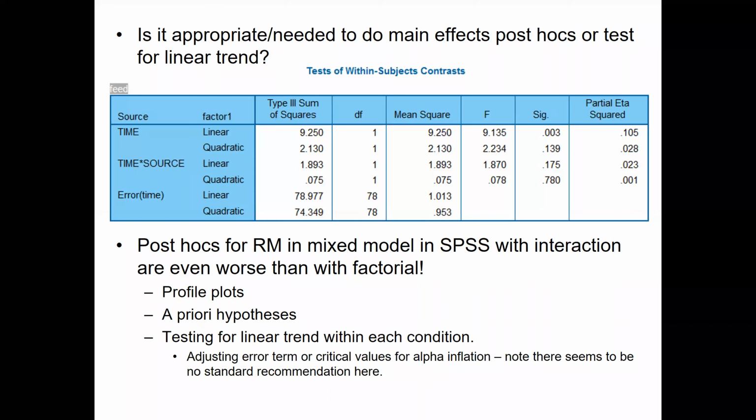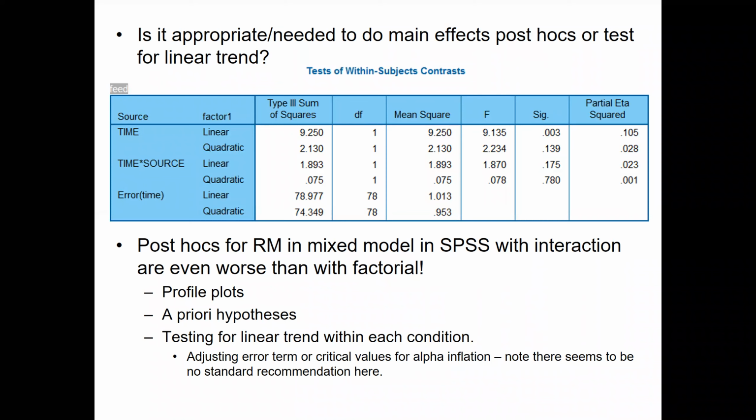If you have a priori hypotheses, it can make sense to test them one by one. If you don't have too many groups, you're not going to have to worry particularly about alpha inflation. You can always use Bonferroni. But as I said before, profile plots may be best for you.